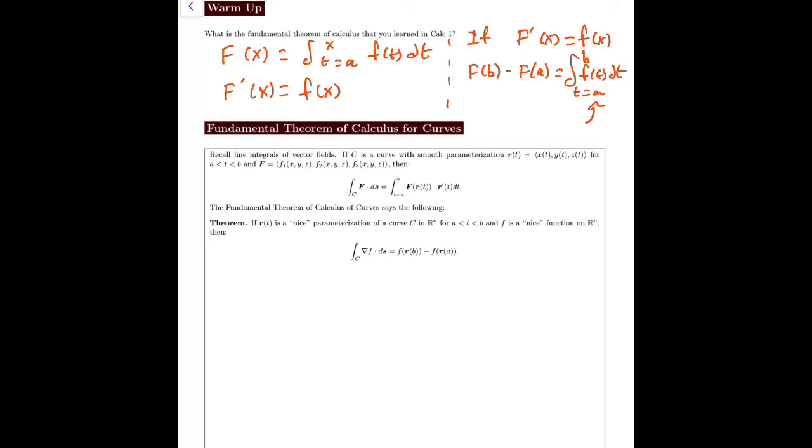And here in this integral, we could have done it with the x variable instead of the t variable, but none of that matters. It's just notation. So this is the fundamental theorem of calculus from Calc 1, and all of the other theorems we're going to learn in this class are generalizations of this, and the proof basically comes back to the fundamental theorem of calculus.